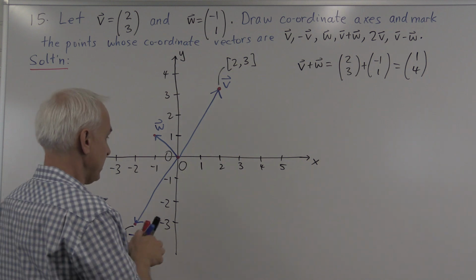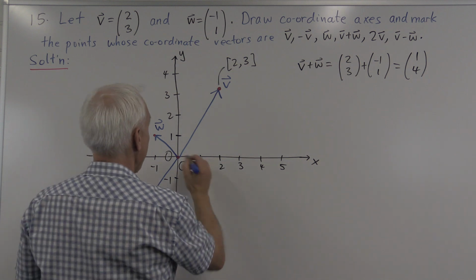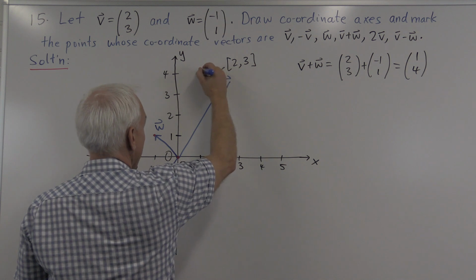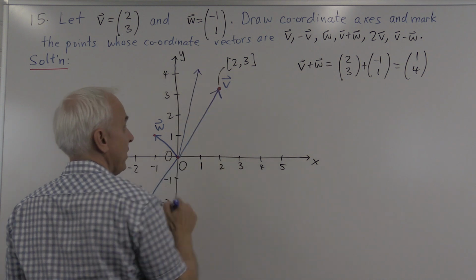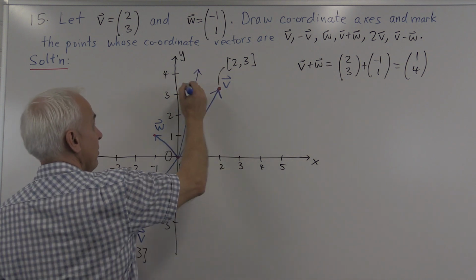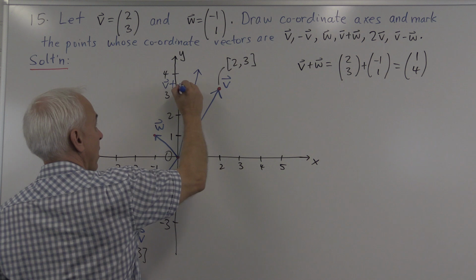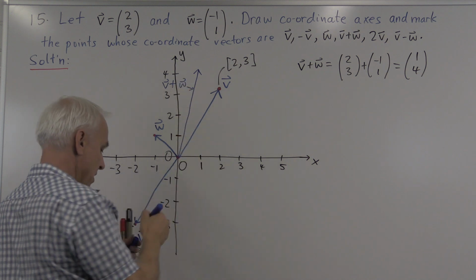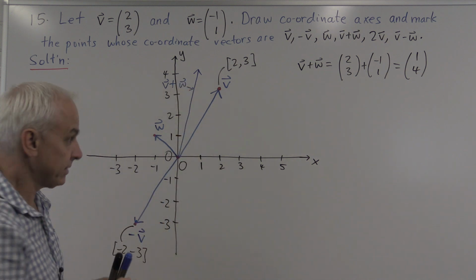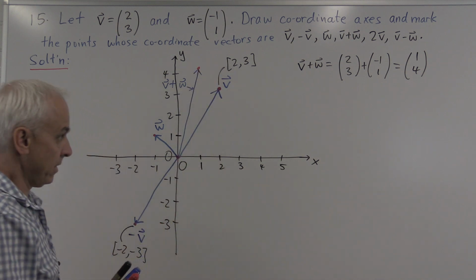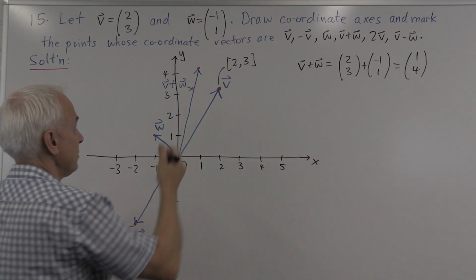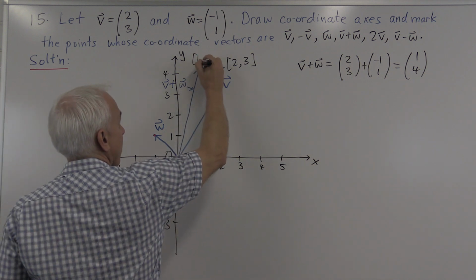That is 1, 4 right about here. So there is the vector v plus w. There it is there. And the corresponding point is this one here. And of course, in terms of its coordinates, the point would be 1, 4.